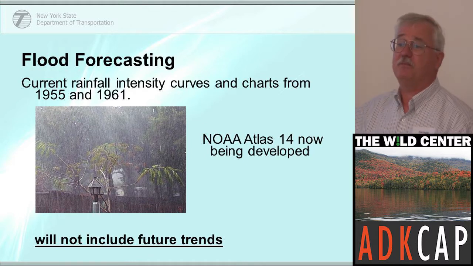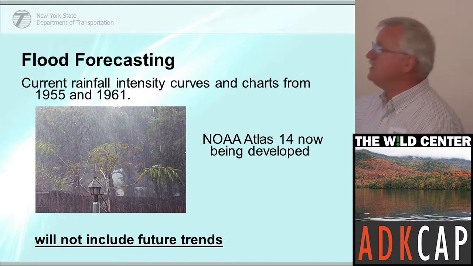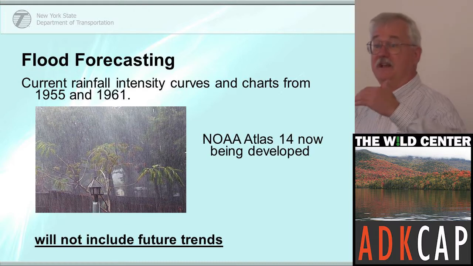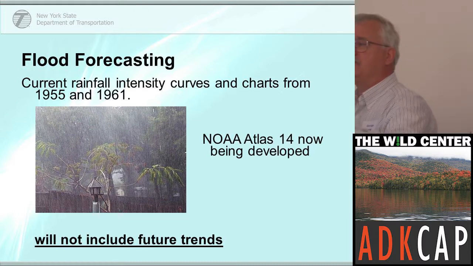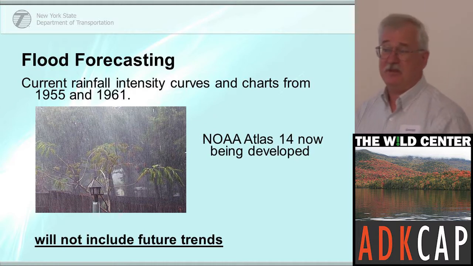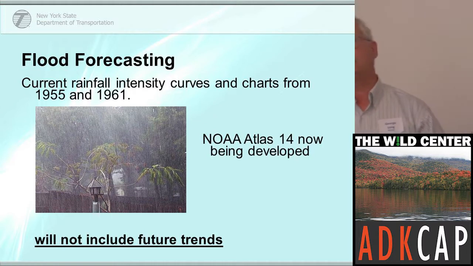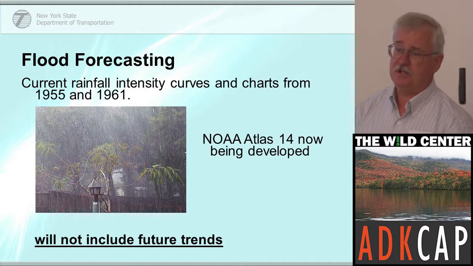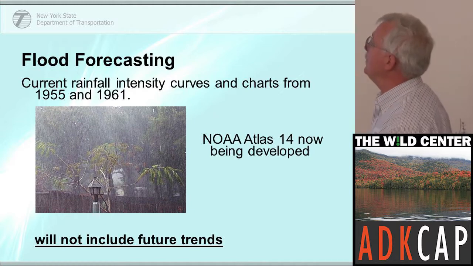They should be out within a couple of years, but they will still not include future trends. So that will bring them up to date as of now, but not for the future. And as Elizabeth mentioned, we're looking at culverts and bridges, we're looking 75 to 100 years out. So what can we do about it?